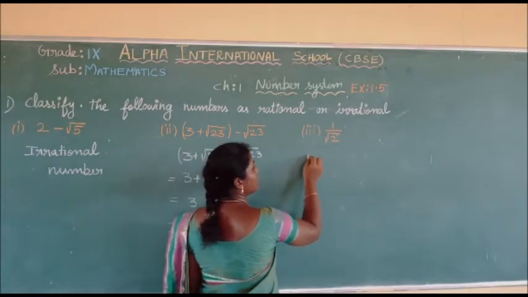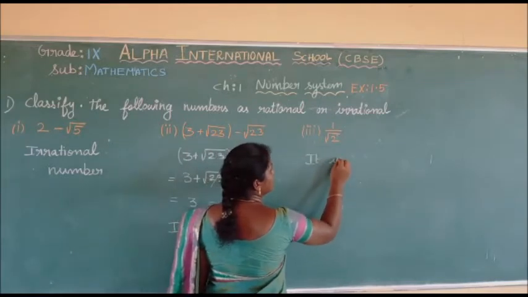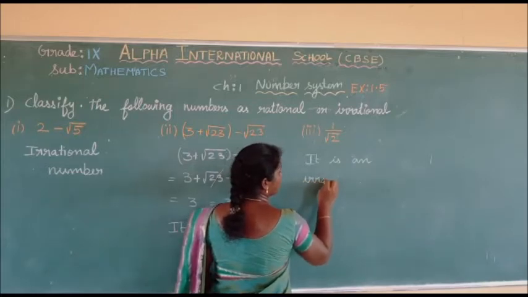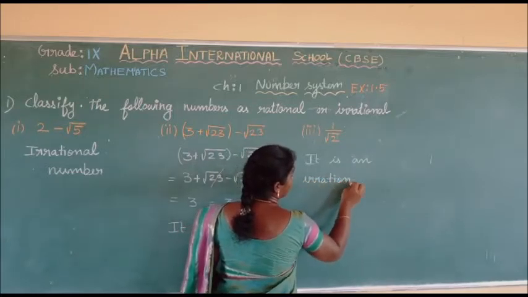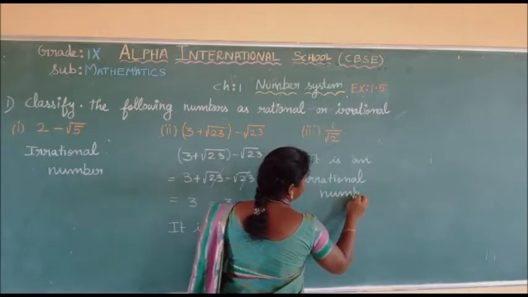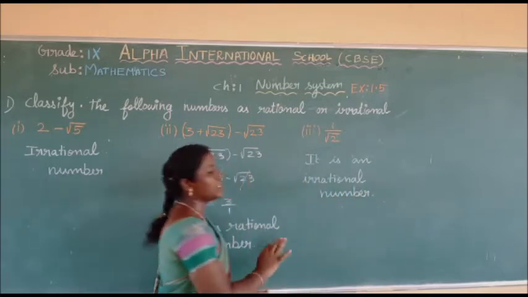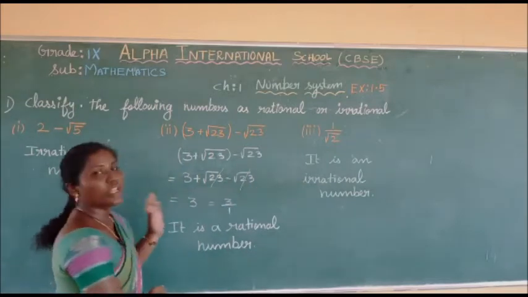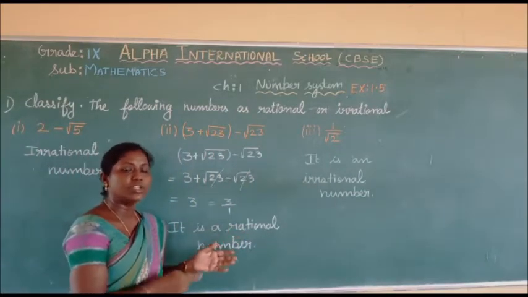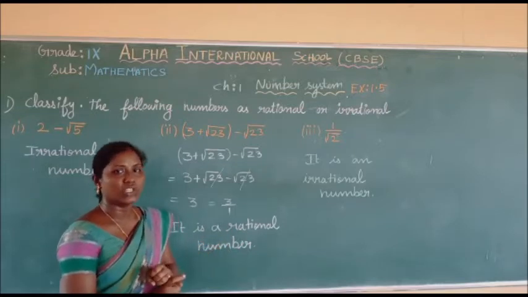So it is an irrational number. From these 3 examples, whenever you are subtracting a rational from an irrational or an irrational from a rational, surely the result will be an irrational number.